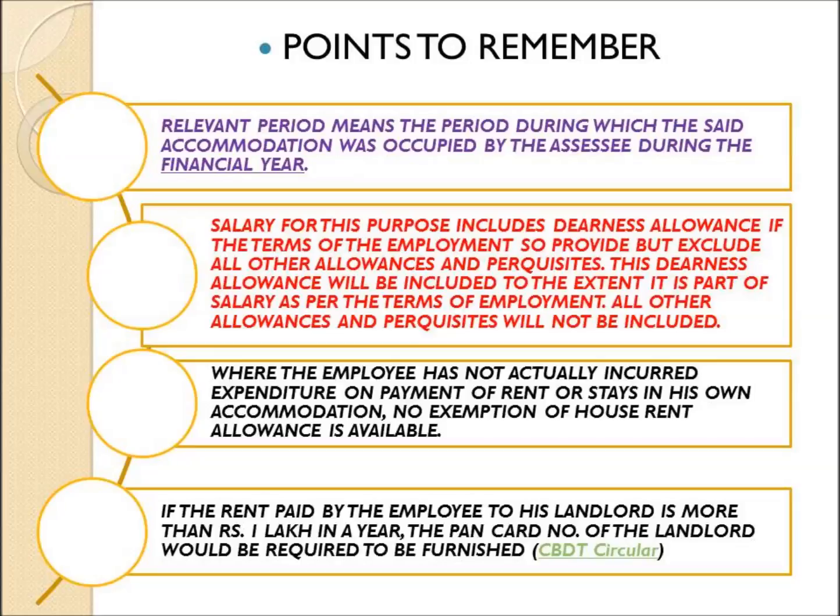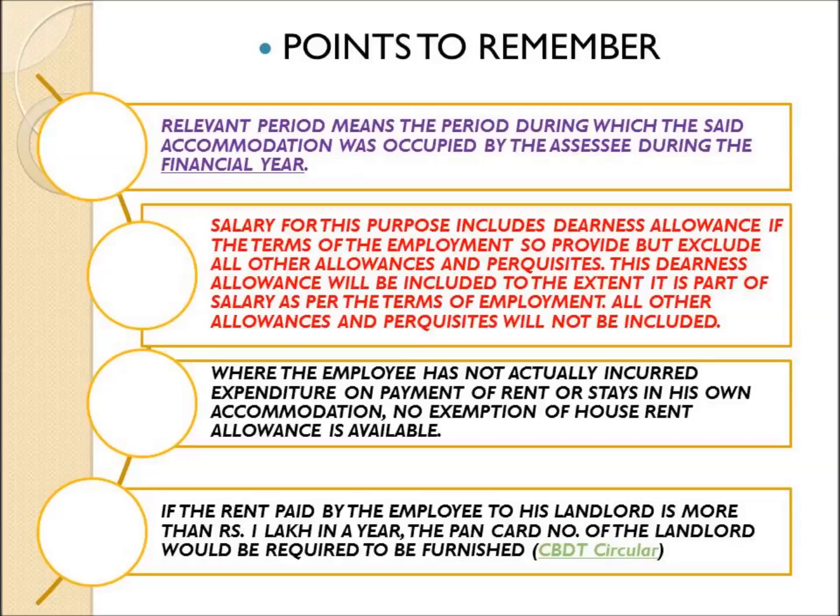Number two is salary for this purpose includes dearness allowance, that is DA, if the terms of the employment so provide, but excludes all other allowances and perquisites. This dearness allowance will be included to the extent it is part of salary as per the terms of employment.